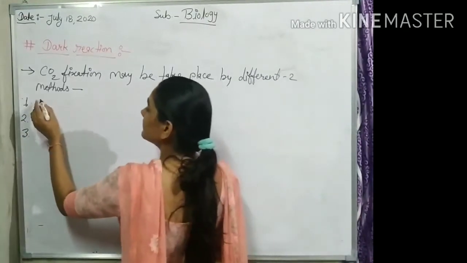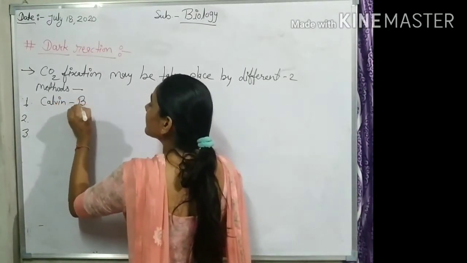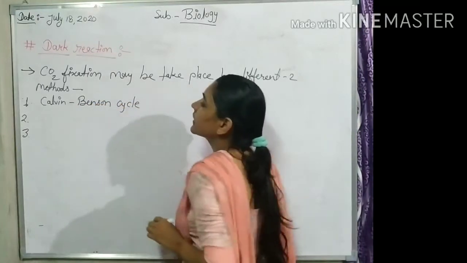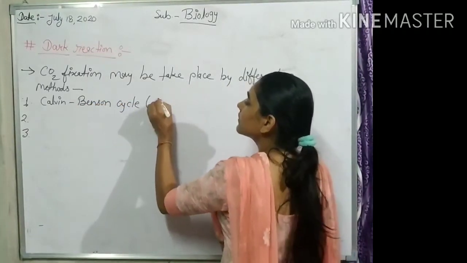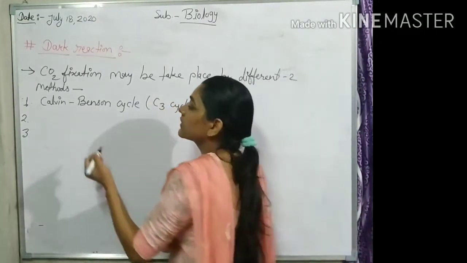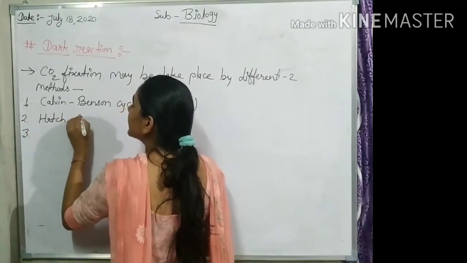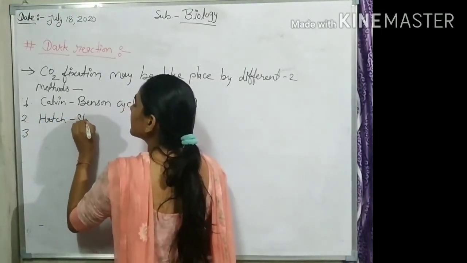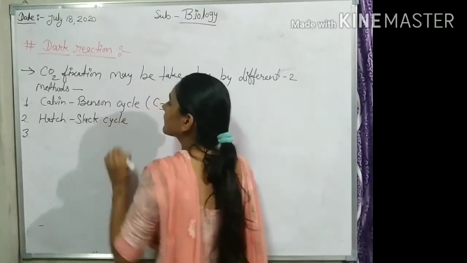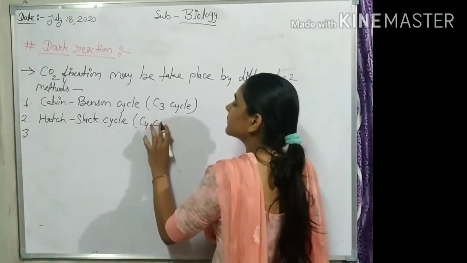First, the Calvin-Benson cycle, also known as the C3 cycle. Second, the Hatch and Slack cycle, also known as the C4 cycle.